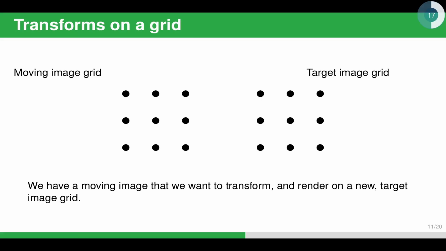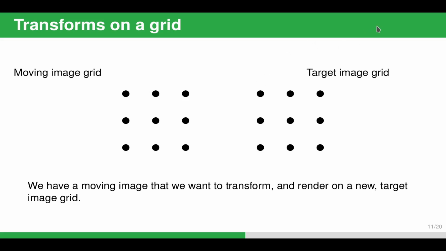So we have two image grids, the moving image grid and the target image grid. Here, imagine we have pixel intensity values on the left in this grid, and we need to decide how to fill in the values on the pixel grid in the target image so that we have a transformed image. That is, so that we've transformed the moving image grid.